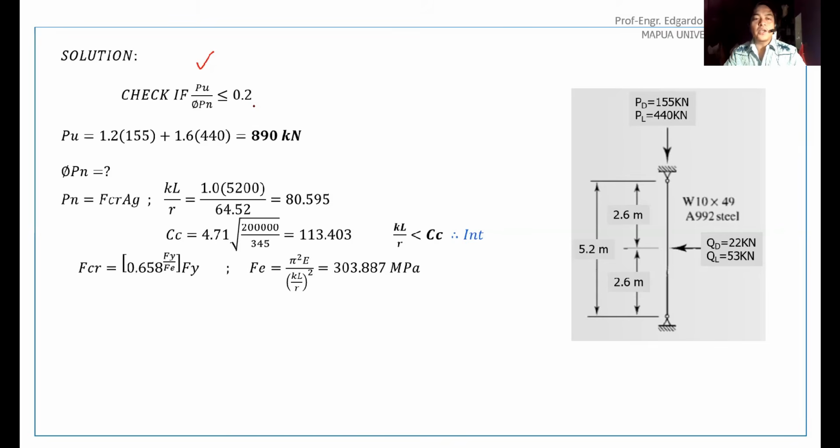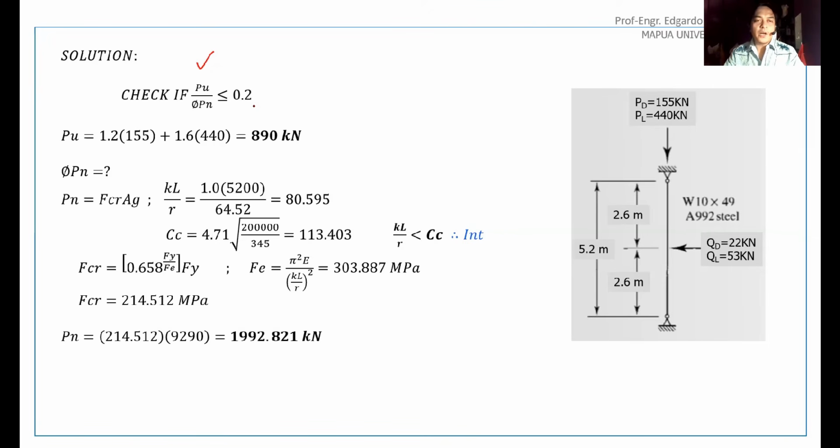Using the equation pi squared E over the maximum slenderness ratio squared, we got 303 megapascals. Substituting that Fe in the Fcr equation, we got Fcr to be 214.512 megapascals. Multiplying it with the gross area of the section, 9292.90, we got Pn to be 1992.821 kilonewtons.